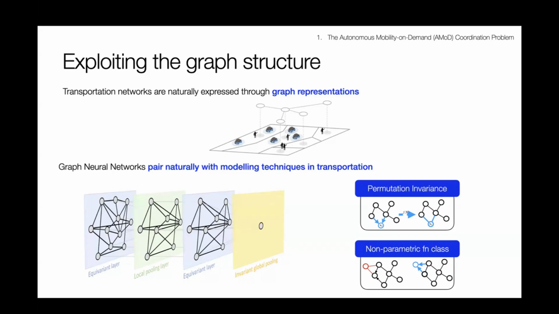The reasons why we think graph neural networks pair naturally with the computations we have to do in these scenarios are two key properties. The first one is permutation invariance, which we'll cover in a second. The second is that graph neural networks are essentially a functional class that is non-parametric with respect to the topology of the network. But we'll see more in a moment. So the bottom line is that transportation networks are represented as graphs, and graph neural networks are designed to operate on graphs. Sounds like a win-win.